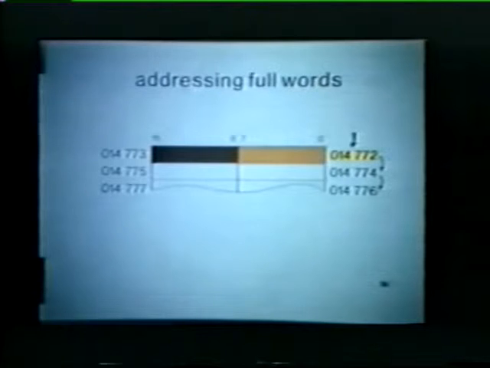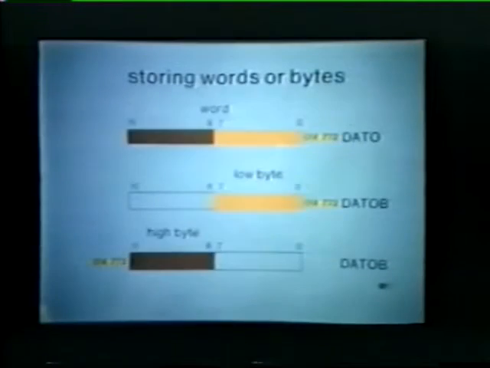Note that the address used for this word is identical to the address that was used for just the low byte. How then does a master device specify whether it wishes to store the entire word or just its low byte? Well, this function is accomplished by our DATO and DATOB transfers. If a master device wishes to store a full word in memory, it issues an even-numbered address and specifies a DATO transfer.